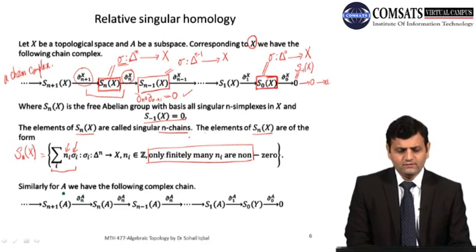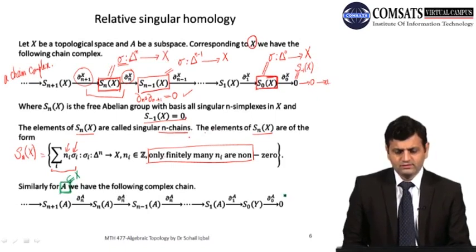Now similarly, if we have a subspace A of X, then A is a topological space on its own as well. So by considering A as a topological space, we can construct this chain complex. It's the same procedure, following the same steps.